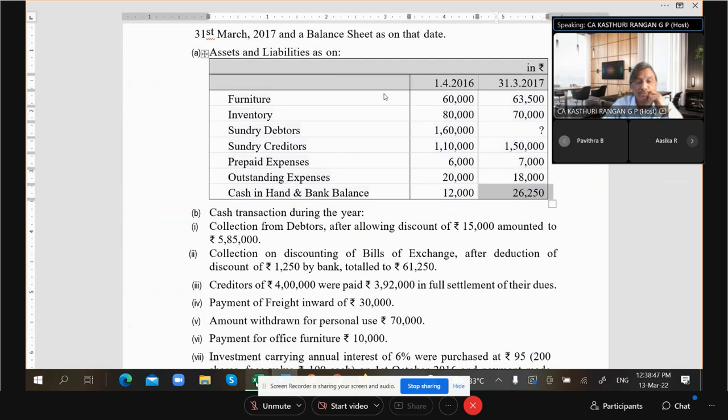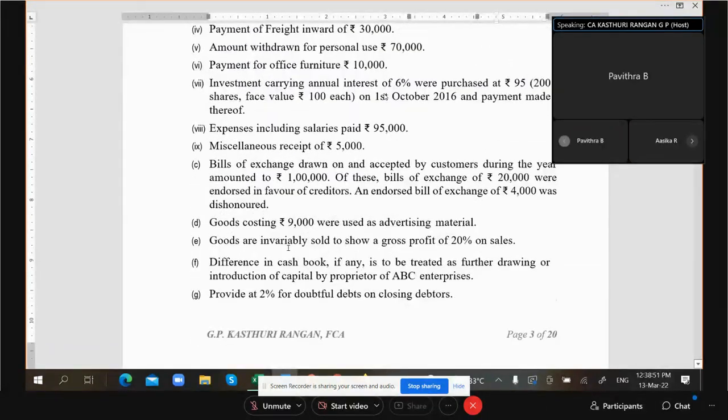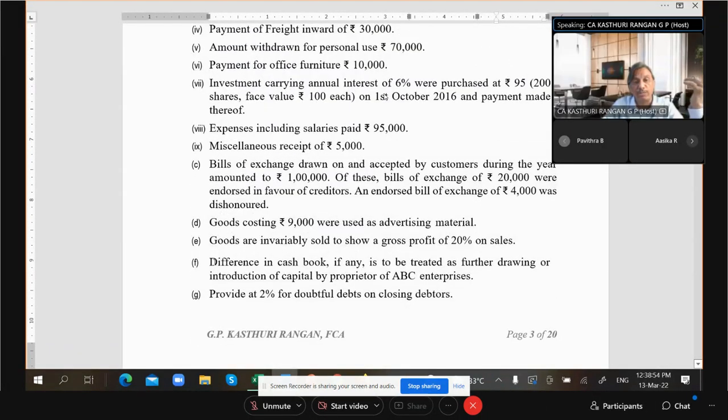Okay. The difference, if any, see the problem. I am not doing anything on my own. Difference in cash book, if any, is to be treated as further drawing or additional capital. The difference is on the payment side. That means it is drawing. If the difference is on the receipt side, that will be introduction of additional capital.